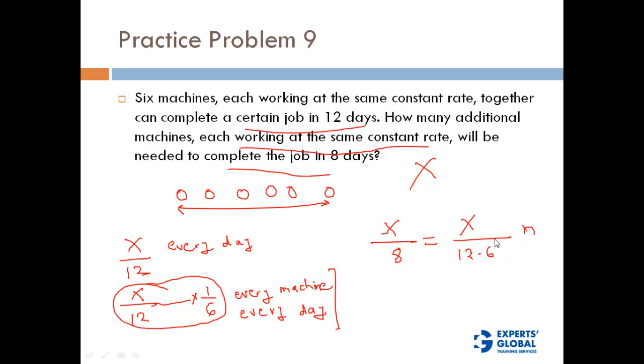N machines into the individual daily capacity of every machine is the daily job done, right? We see that X and X get cancelled. What we get is n is equal to 12 into 6 divided by 8. So this is 2, this is 3, this is 3. So we get 9. So we need 9 machines to do the job in 8 days.